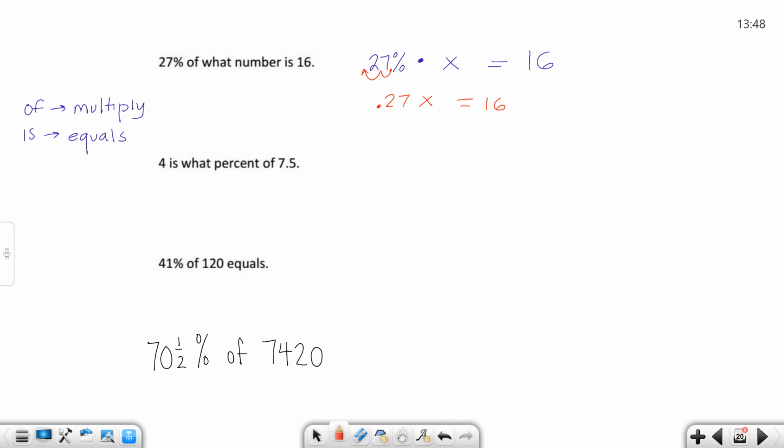Okay, so then we can just simplify that expression. To get the x by itself, I'm going to divide 0.27 into both sides. These cancel out, and x is going to equal 16 divided by 0.27.